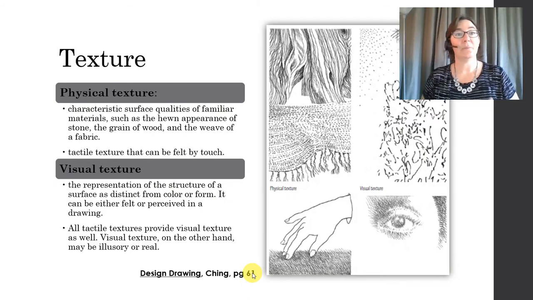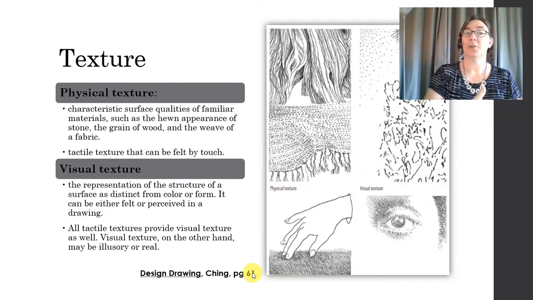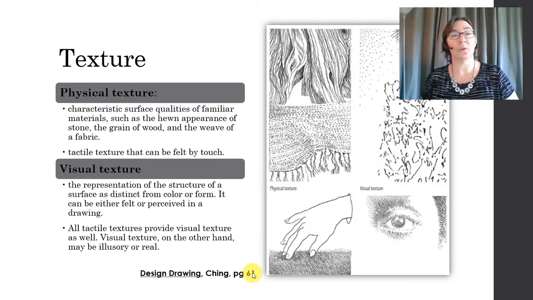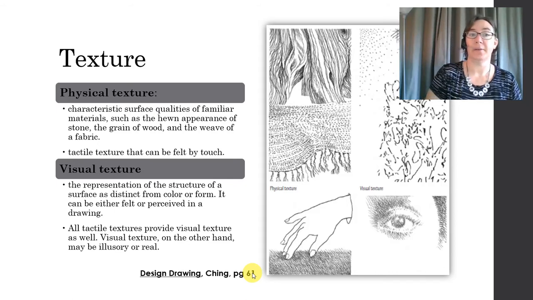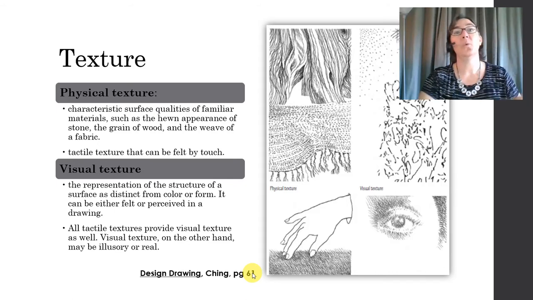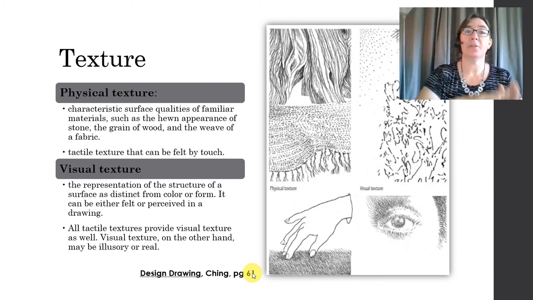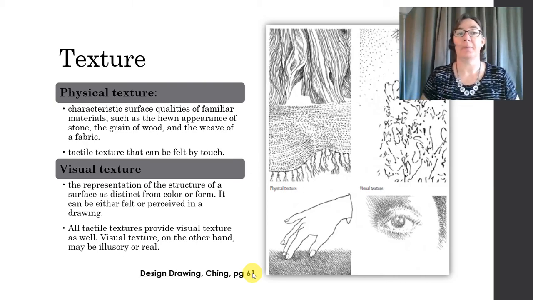There's a distinction between physical texture and visual texture. Physical texture is a characteristic surface quality of your particular material. For example, your wood will have grain, your fabric will have a weave or a nap, and your stone will have a hewn appearance.